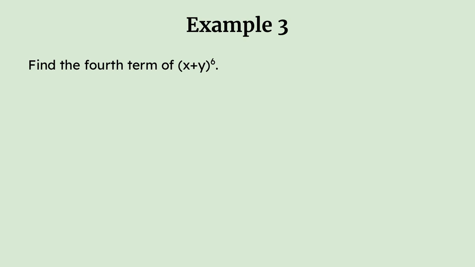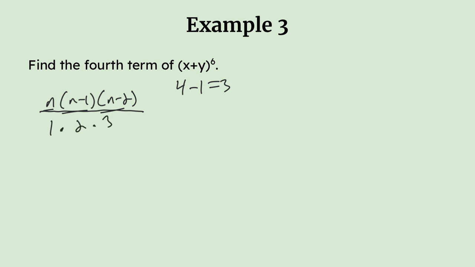We want to find the fourth term of x plus y to the sixth. This is where you would use that binomial theorem. So here we want the fourth term, which means on top we want n, n minus 1, n minus 2, because you take the fourth term, subtract 1, you get 3. So there's 3 numbers there. Then on bottom, you'd have 1 times 2 times 3.